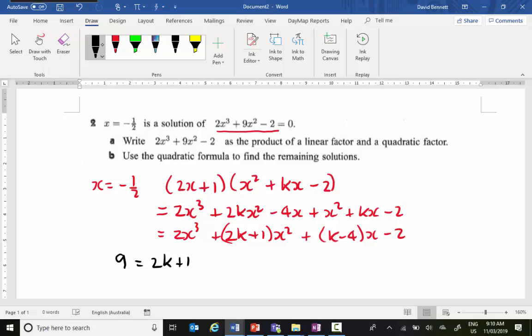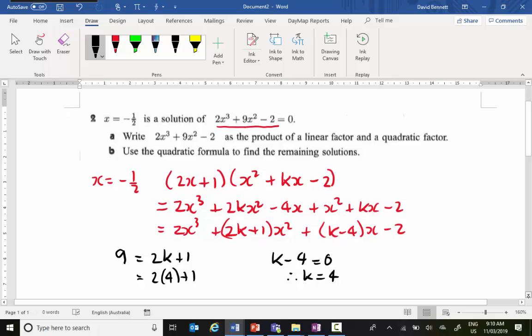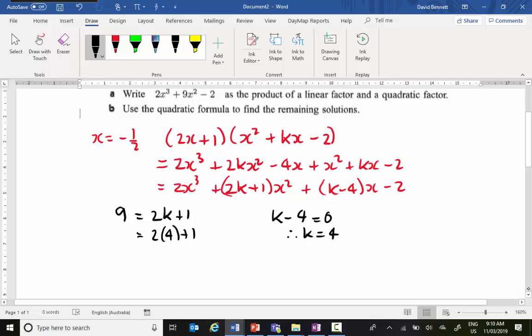We also know that it hasn't got an x term. We know that k take 4 has to be equal to 0. So therefore, k has to be equal to 4. If we just check that, 2 times by 4 plus 1 is going to give me 9. That makes sense. So I've now found my factor for that.